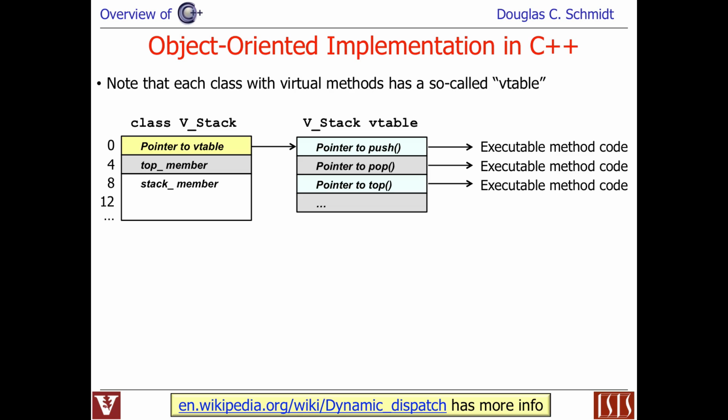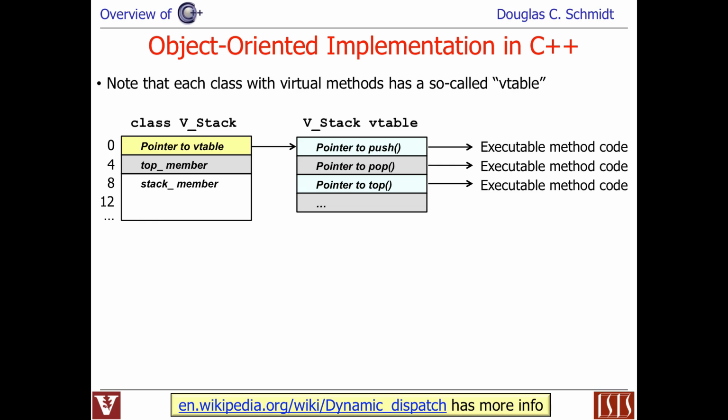So every vtable contains the virtual functions that correspond to the subclass's behavior of those functions, the subclass's implementations of those functions. So of course, vStack will have its own set of push and pop methods. The vtable for vStack will have its own set of push and pop methods and top. The vtable for LStack will have its own set. Those will be independent.